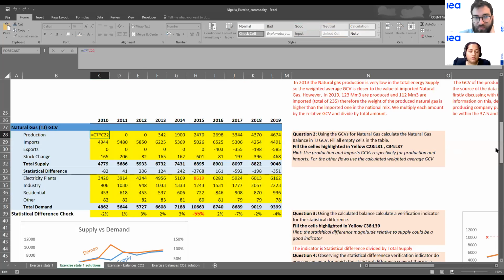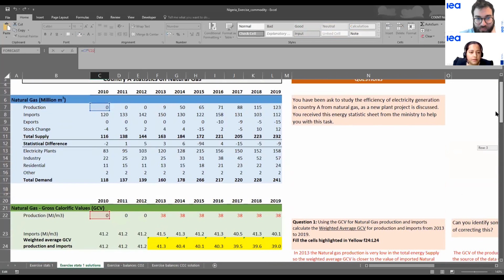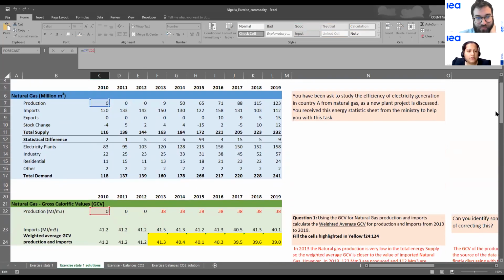You have your calorific values, so you can easily calculate your data in terajoule by taking each of them and multiplying it by the corresponding calorific value.